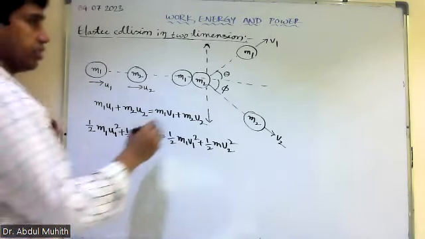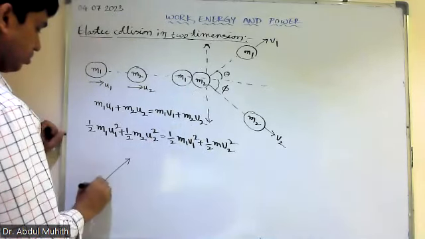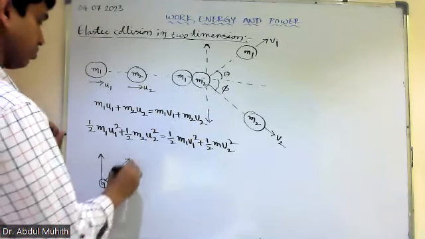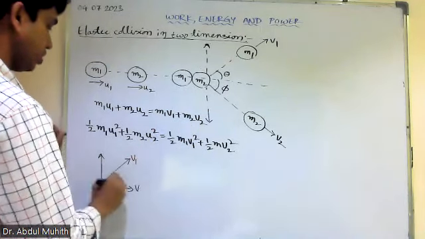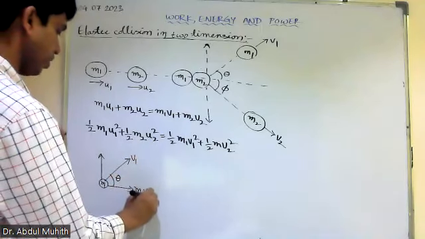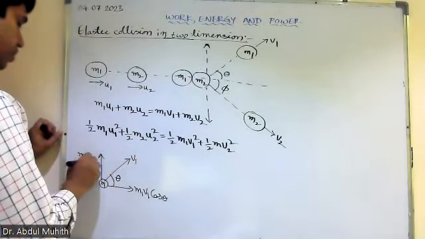M1 V1 cos theta, here we have two components. This is M1, this is V1, this is theta. So M1 V1 cos theta, M1 V1 sin theta.